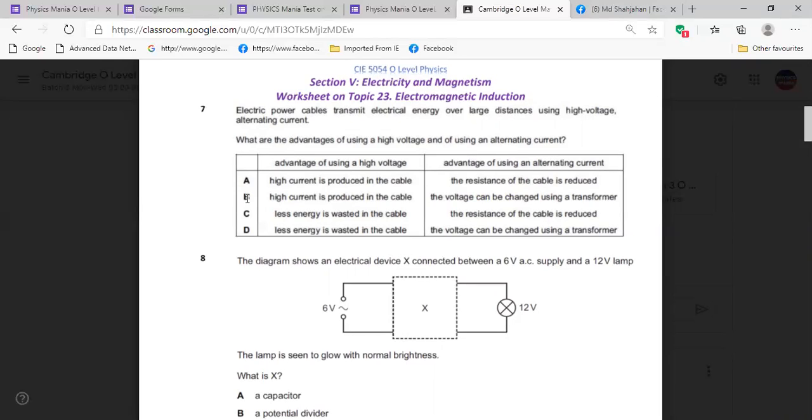Less energy loss. So from the left side, there are 2 columns, right? In the left side column, you should choose either C or D, right? Yes. Okay, then alternating current. What is the use of alternating current?